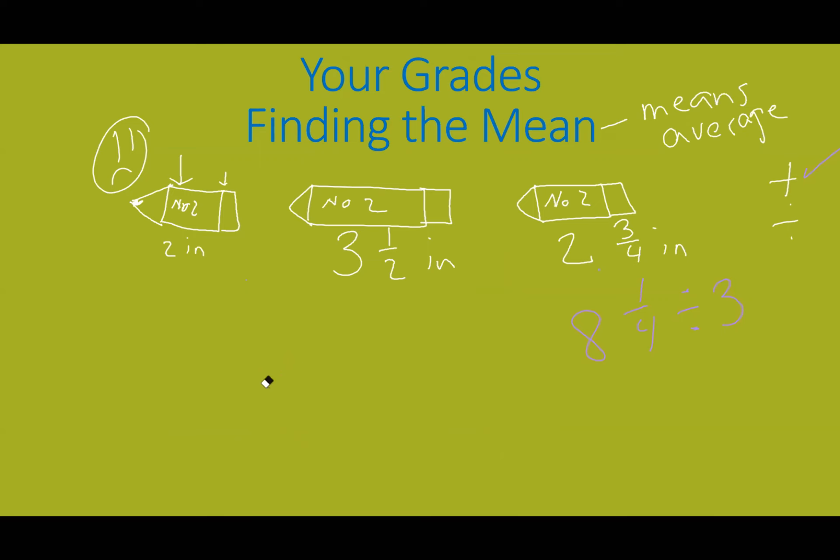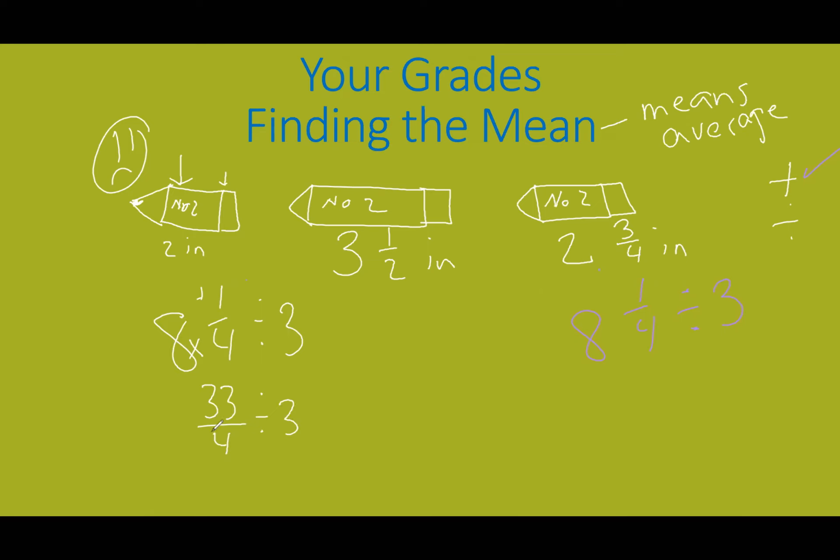We've been doing that quite a lot. So if I have 8 1/4 divided by 3, I'd have to say to myself, well, I cannot multiply a mixed number, can I? I have to turn it into an improper fraction. So it's going to be this, 4 times 8, 32 plus 1 is 33. 33/4 divided by 3. Now I can do that.